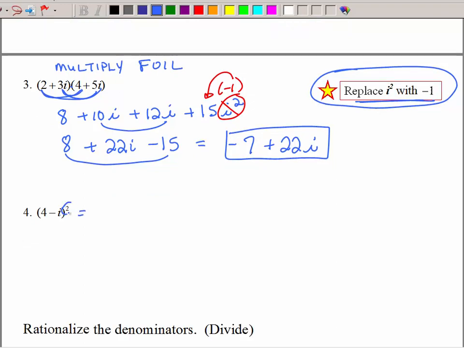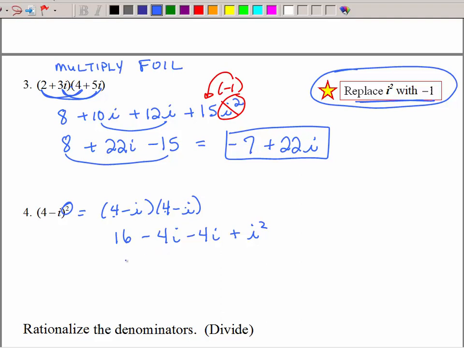Okay, what happens when you see something like that? It means to write it out twice or do that in your head, either way, and we're still going to FOIL it. Okay, so 4 times 4 is 16. We have negative 4i, negative 4i, plus i squared. Now hopefully you might even be able to just write down 16 minus 8i plus i squared, and that would be great.